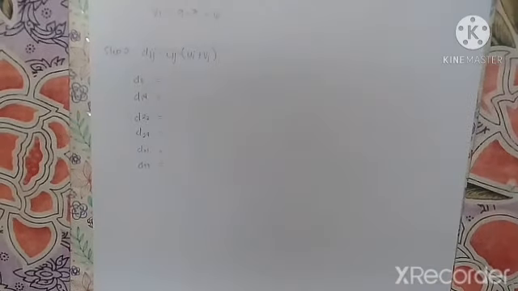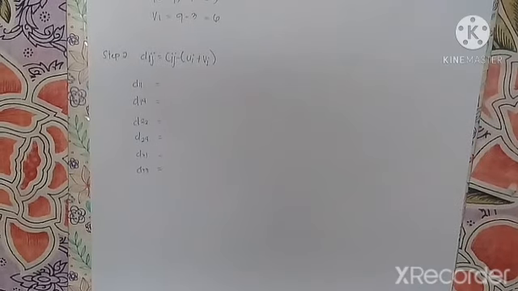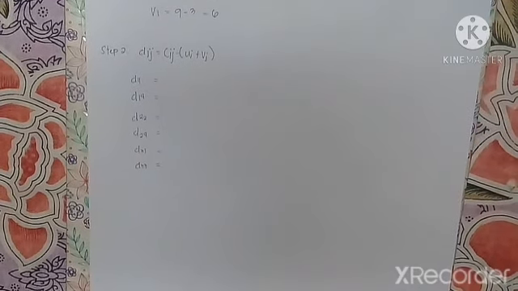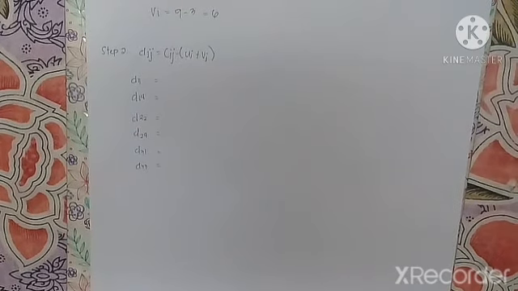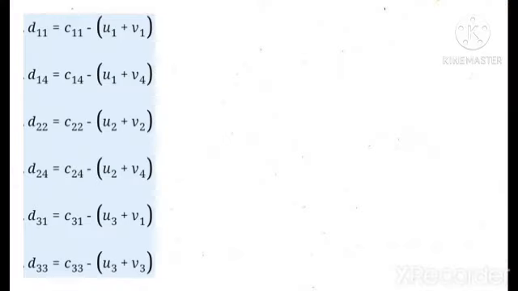Let's proceed to step 2. Let's find Dij for all unoccupied cells, where Dij is equal to Cij minus Ui plus Vj. This is a guide we can follow in solving every Dij.